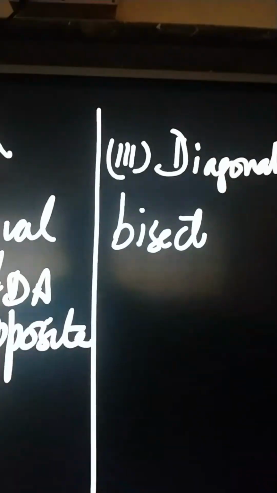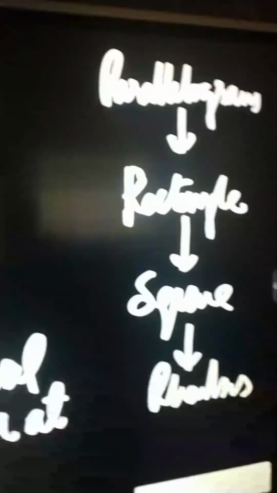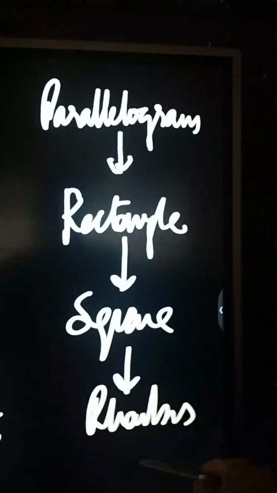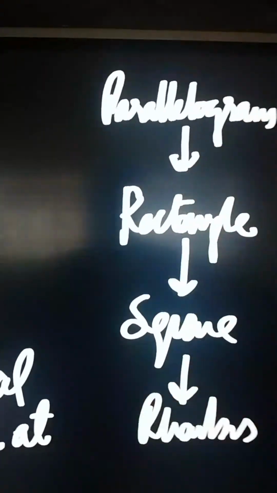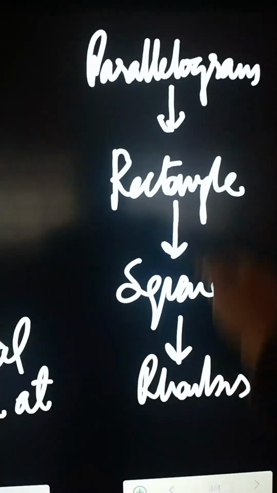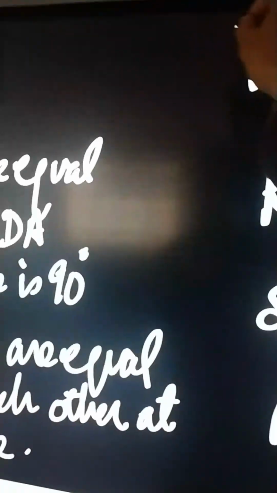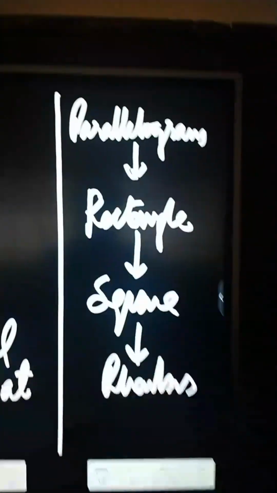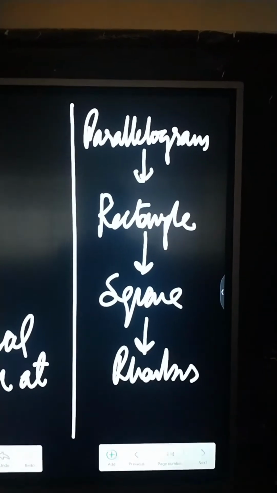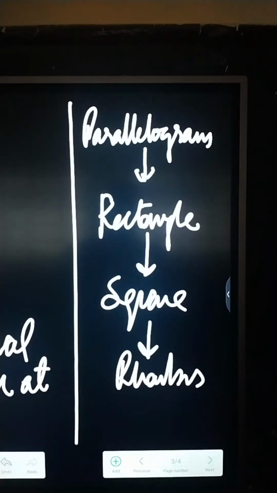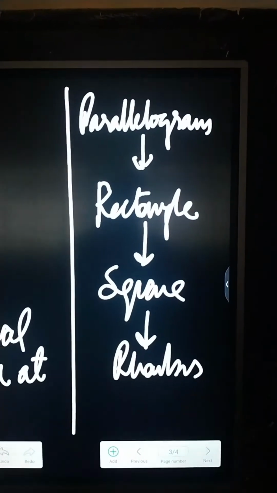Why do they bisect each other? Because we read just now that parallelogram is at the top. So all these things have properties same as a parallelogram. Rhombus has the property of a parallelogram, square also, rectangle. Therefore, whatever is the property of a parallelogram is also the property of a rectangle, a square, and a rhombus.